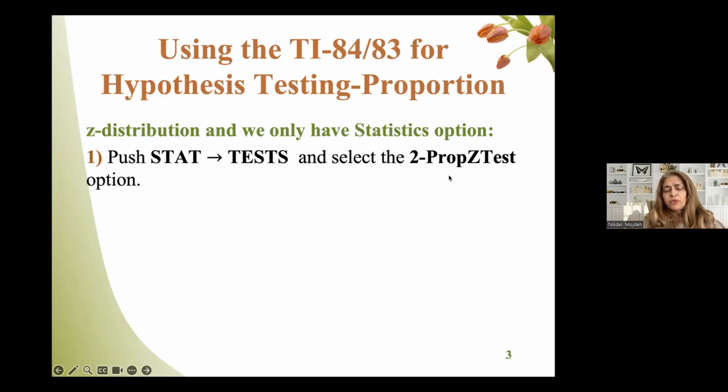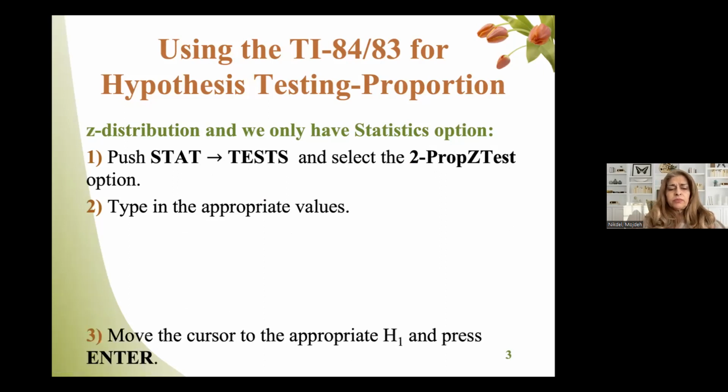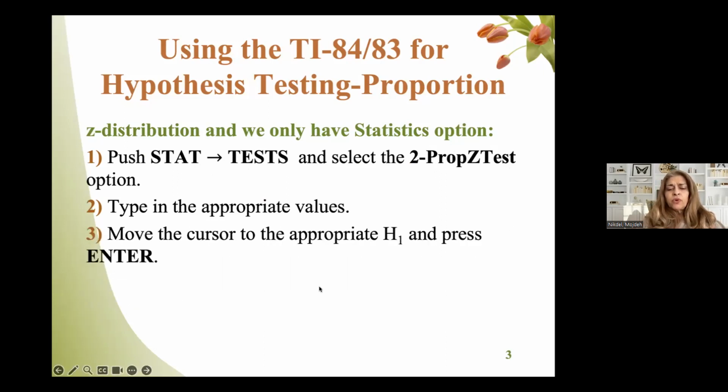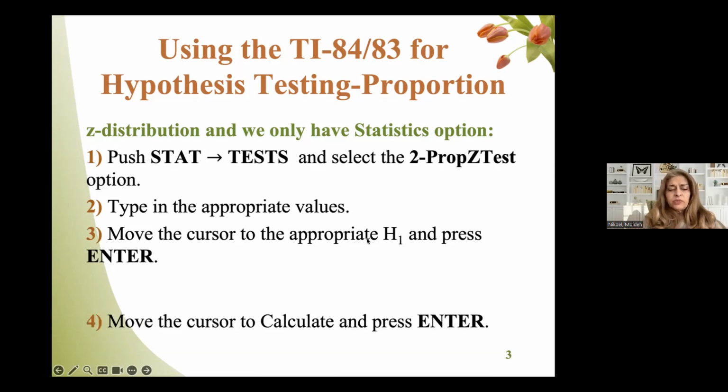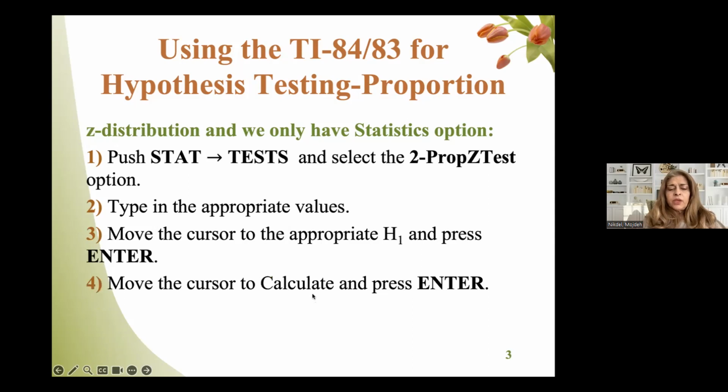Prop is for proportion. You're going to type the appropriate values that we have given you. Then you move your cursor to H1 because you have to tell the calculator if you have a two-tail test, left tail test, or right tail test, and you press enter. And then you move your cursor to calculate and press enter.